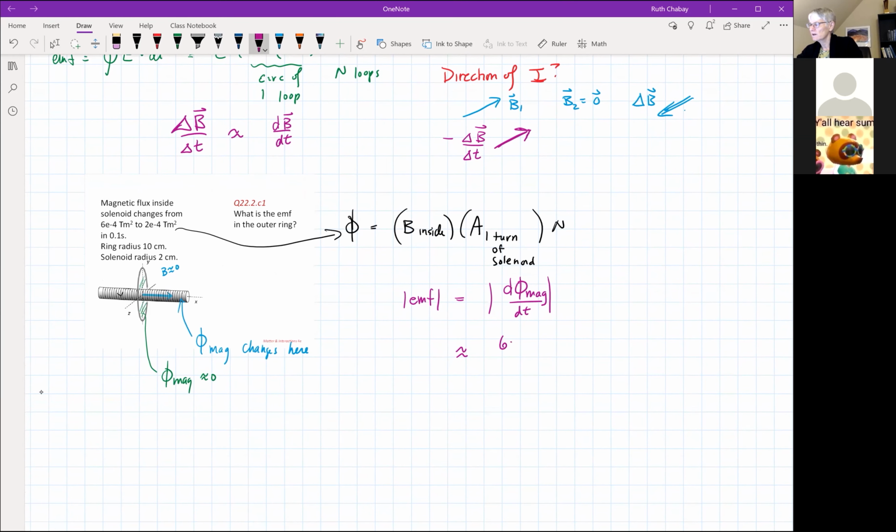So it would be 6 times 10 to the minus 4th Tesla meters squared minus 2 times 10 to the minus 4th Tesla meters squared, divided by 0.1 seconds, which would give us 4 times 10 to the minus 3 volts.